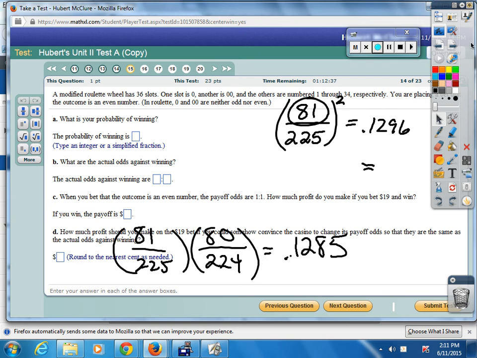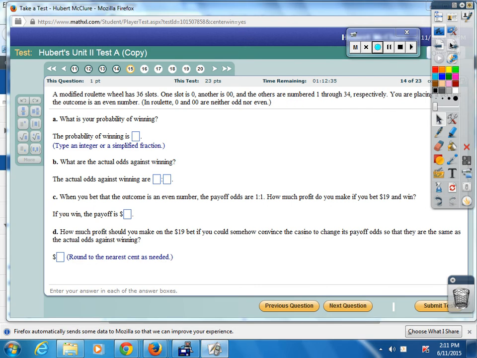There's our roulette question. Go ahead and answer it. This is the one that I told you that one of them was the same number. And don't miss it. That's C, right?